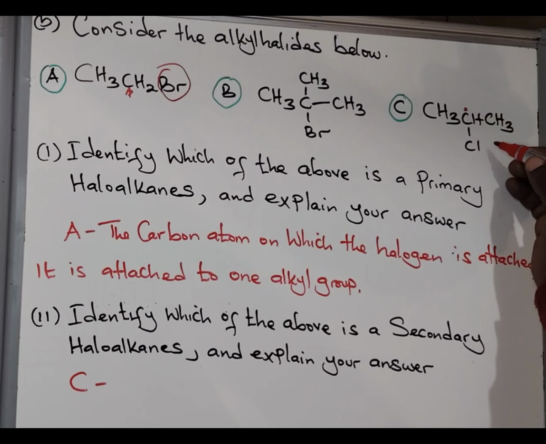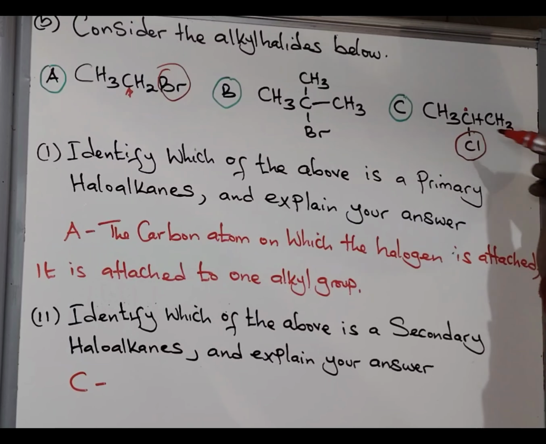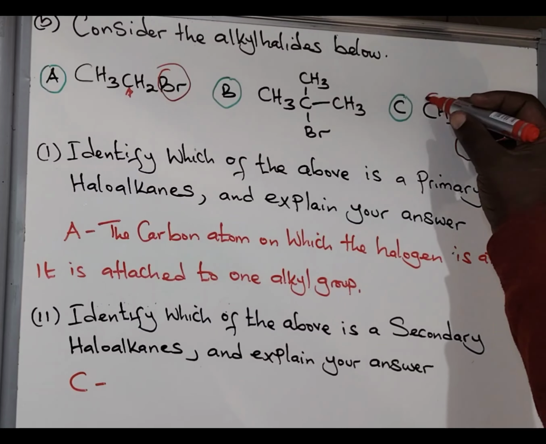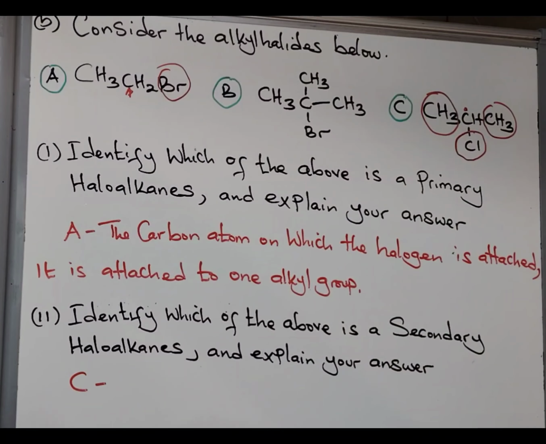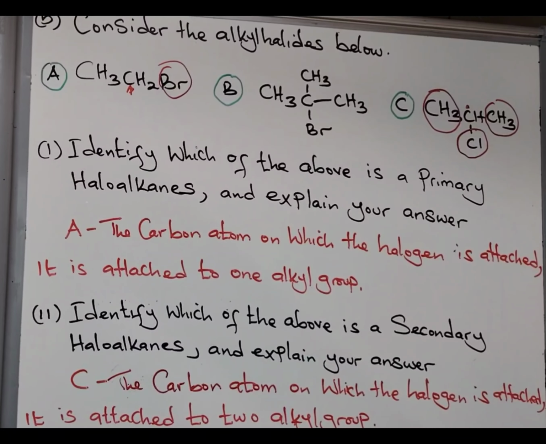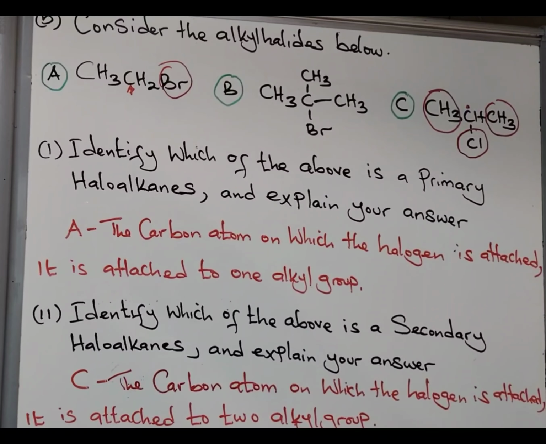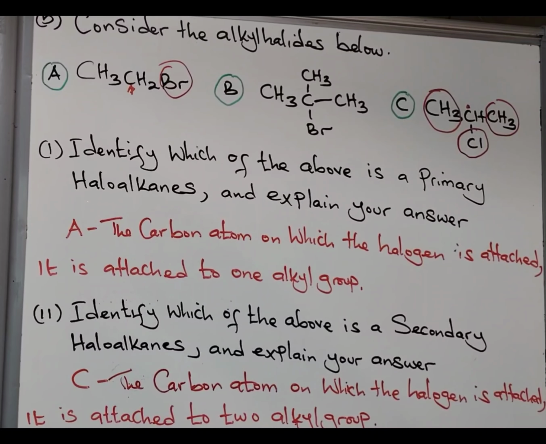You see, this carbon atom is the one which is hosting our halide, and this carbon is attached to two alkyl groups. So that's the reason. The carbon atom on which the halogen is attached is attached to two alkyl groups.